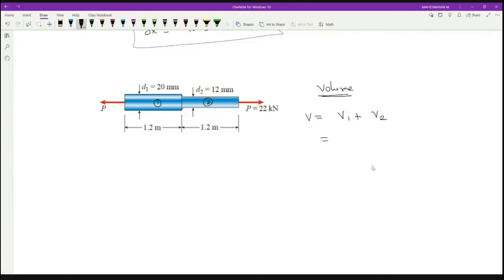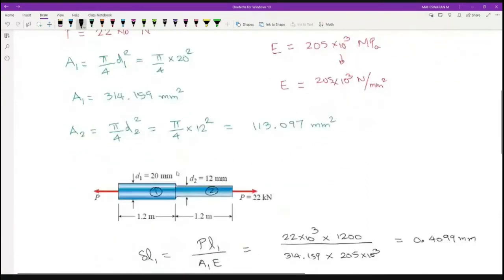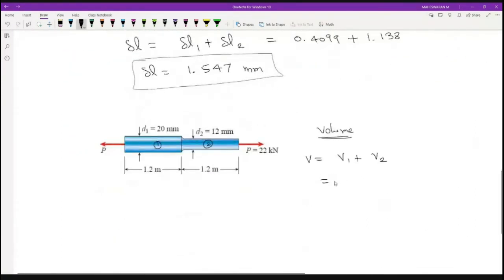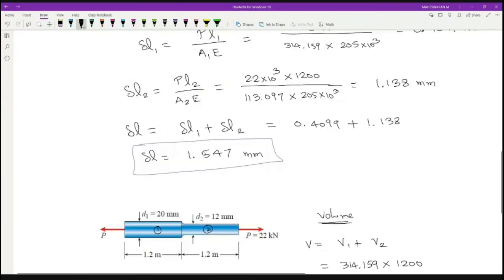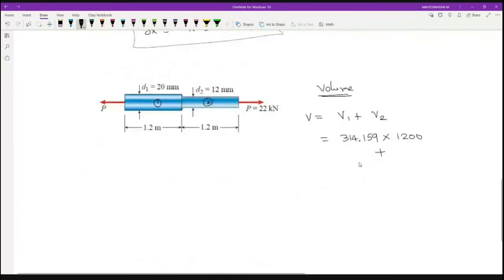The cross section area for the first one is 314.159, into length 1200, plus the cross section area for the second one, 113.097, into its length, which is also 1200.